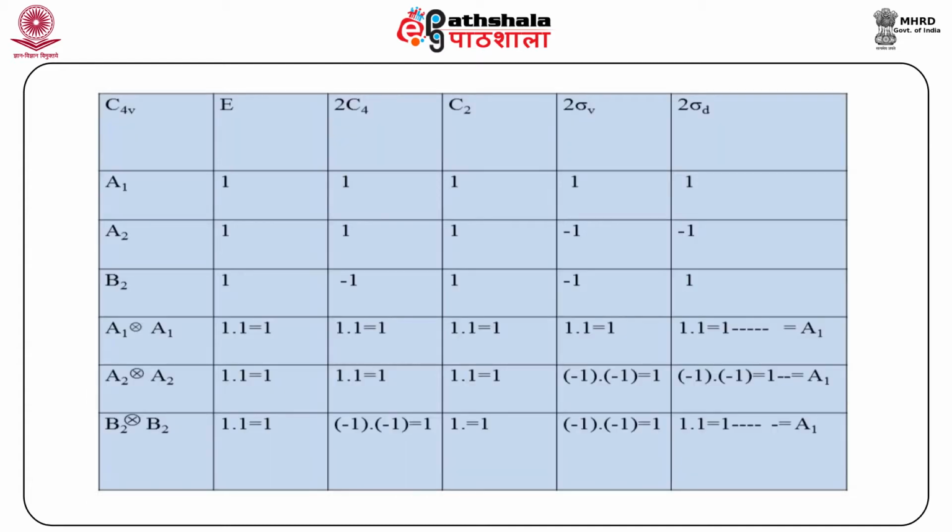Now, the direct product of an irreducible representation, say one dimension, with itself will contain the totally symmetric representation. That is, we can take the direct product of A1, A1, A2, A2, B1, B2, we will get the result as A1 as shown in this table over here.